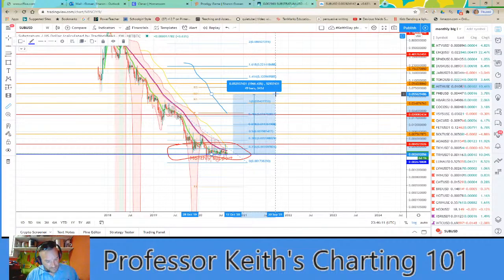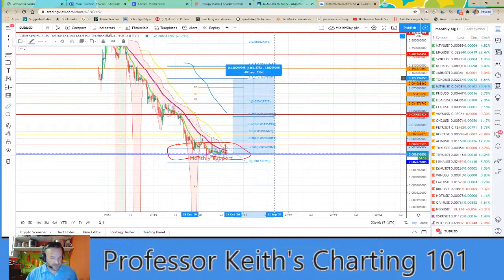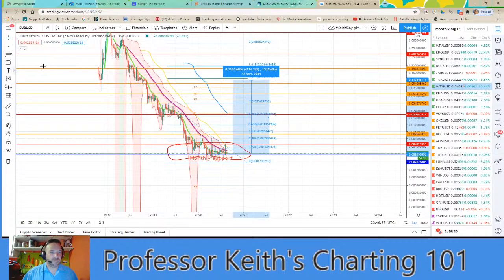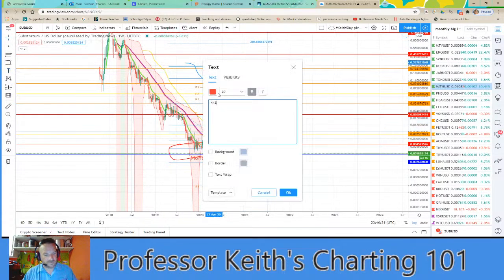R2. And then the last move would be up here toward the main goal. So I'm waiting on Sub. So we're going to do 4,200%. 4,200%. Target.